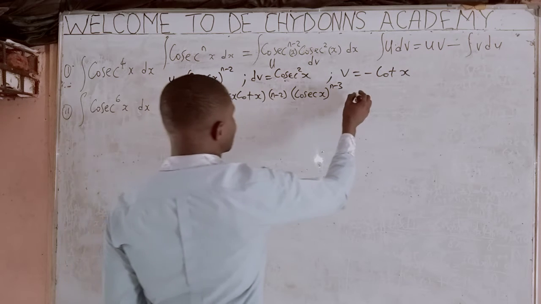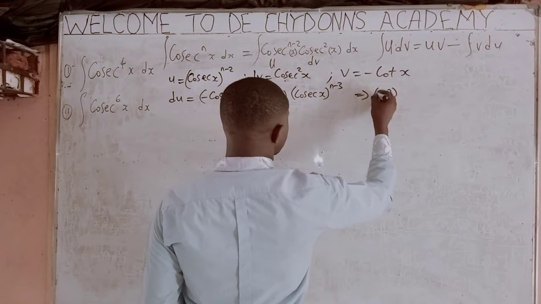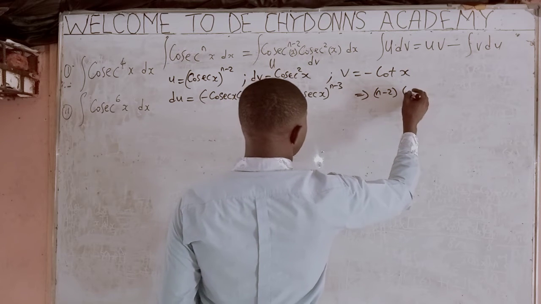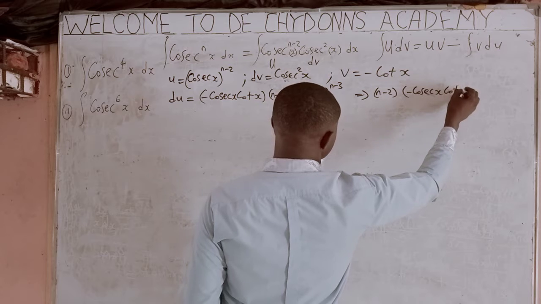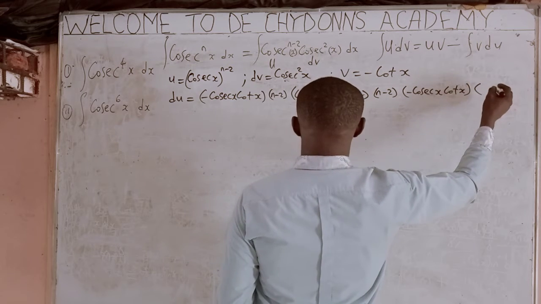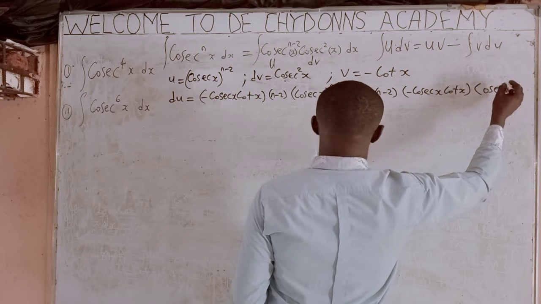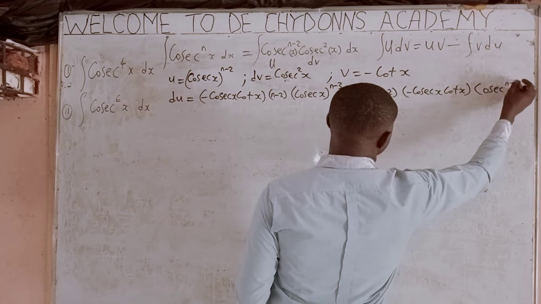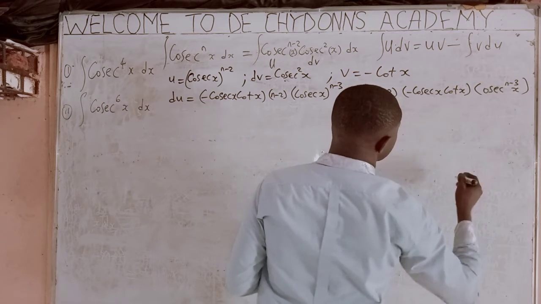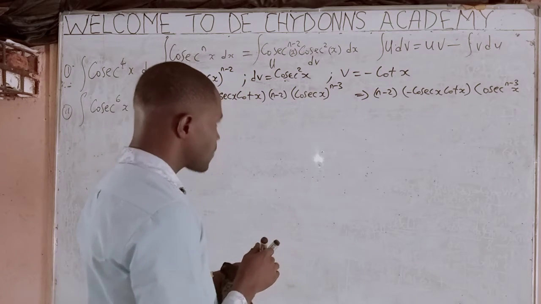So this will automatically give us (n minus 2) times (minus cosec x cot x) times cosec^(n-3) x.